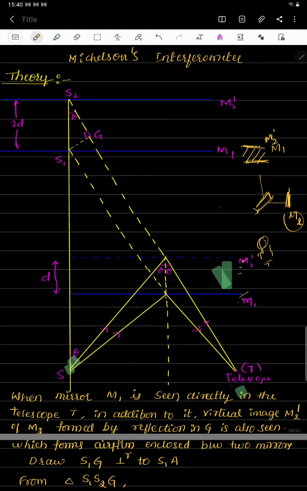The first ray appears to come from the point S1, and the reflected ray coming from M2 dash appears to come from the point S2.